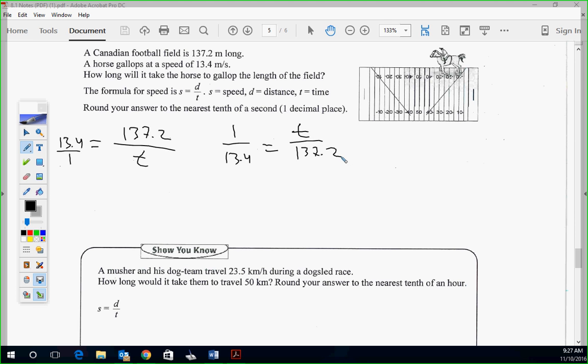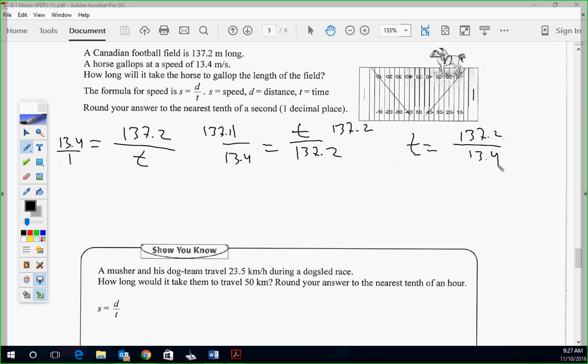We made this over 1 because it's a whole number, or not quite a whole number, but it's over 1 as the way it's written. We flip both of them. And now we're going to multiply 137.2 to this side. And so t is going to be 137.2 divided by 13.4.